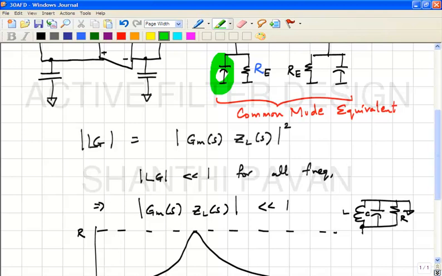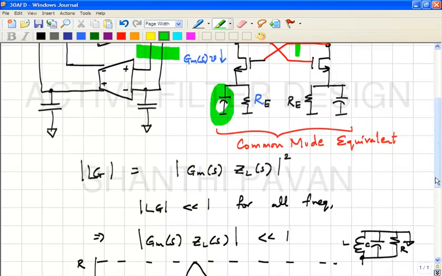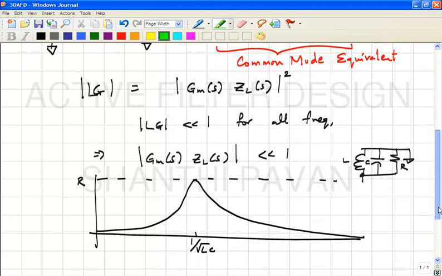If I plot the magnitude, at low frequency it is 0, then at the corner frequency of RE and C, it will begin to go up, right? And beyond a certain point, at infinity, what is the transconductance? It must reduce to gm of the transistor, because at infinite frequency the capacitor becomes a short, okay, and the transistor is there all by itself.